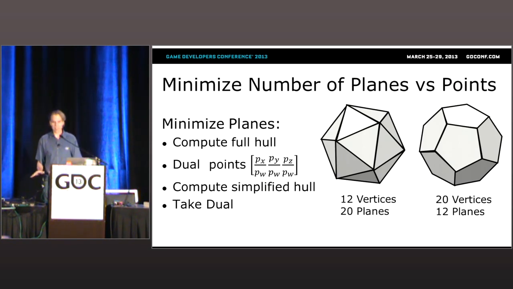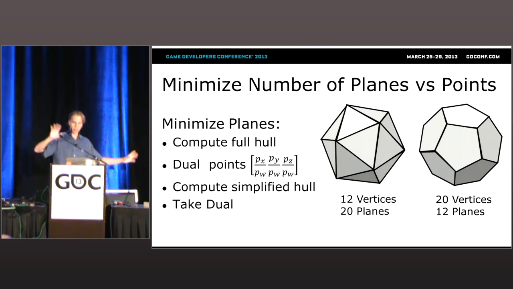I'll just leave it as an exercise to look that up and study it, because I don't have a whole lot of time to get into it in a lot of detail. But essentially, by taking the dual, I have all these points that are actually the plane equations from this original full hull. When you compute a simplified hull that minimizes vertices, you're actually minimizing planes. Take the dual back, and you've got a hull that will look more like the one on the right. Vertices will typically have a valence of 3, and faces will have 5 or 6 sides, as opposed to something that looks triangulated.